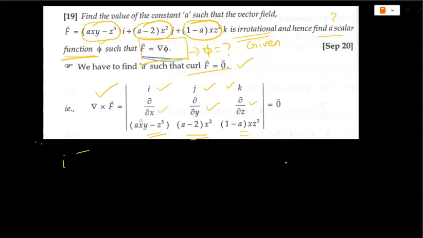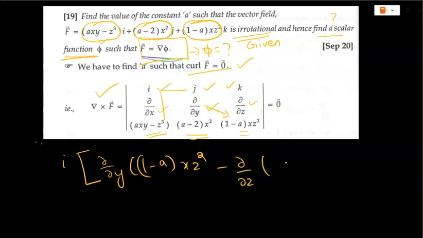And we are going to expand this determinant. As I told you, leave this i row and i column. Left is del by del y of 1 minus a into xz square minus del by del z of a minus 2x square.